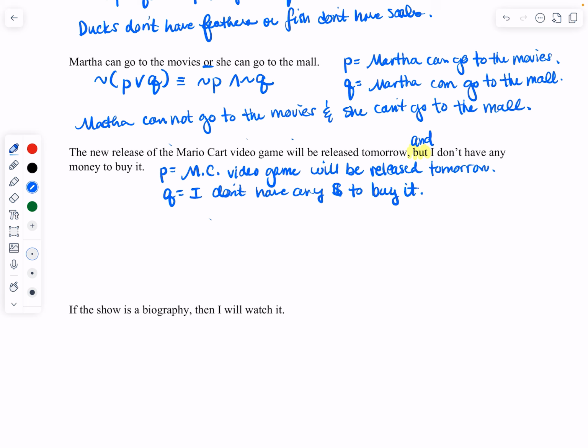Now we're going to write up what the original statement says. The new release of the Mario Kart video game, P, will be released tomorrow, and I don't have any money to buy it, which is Q. If I negate that, remember the negation of P and Q through De Morgan's law is logically equivalent to negation P or negation Q. So that's what I have to write up.